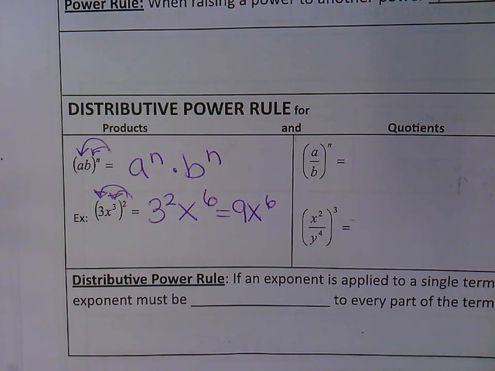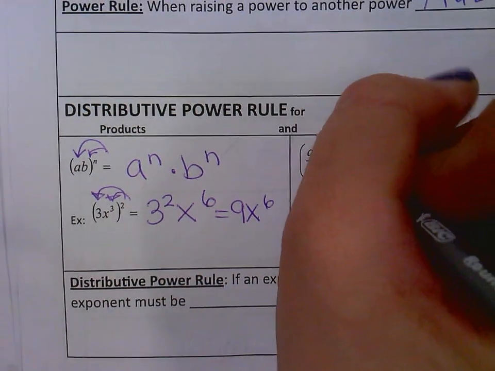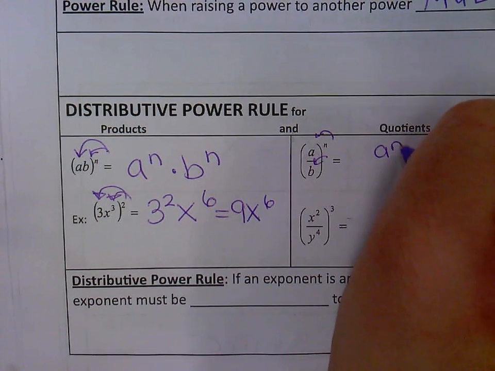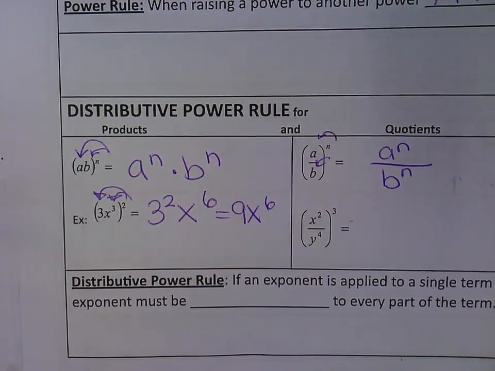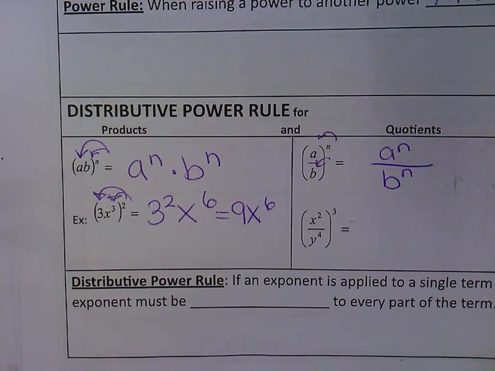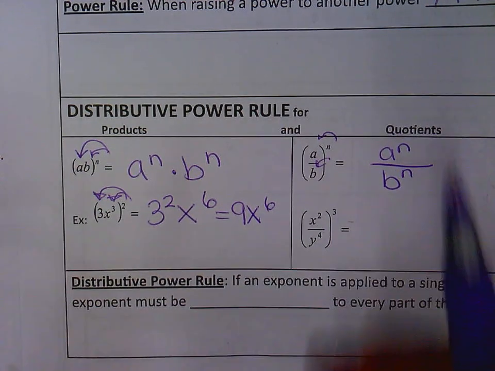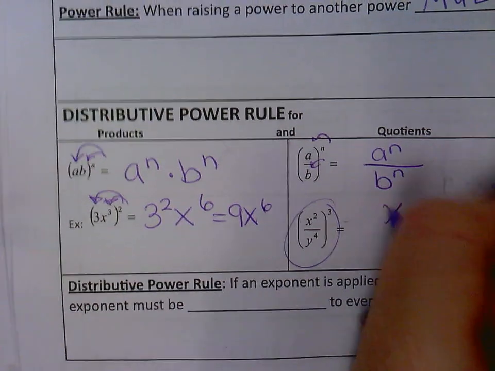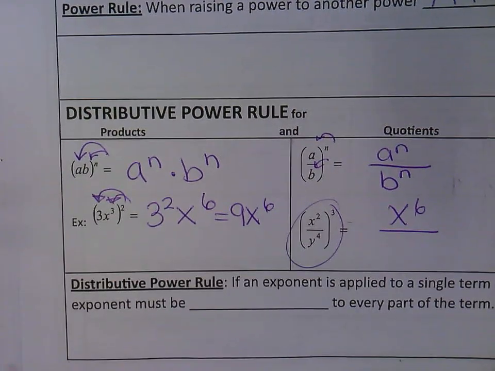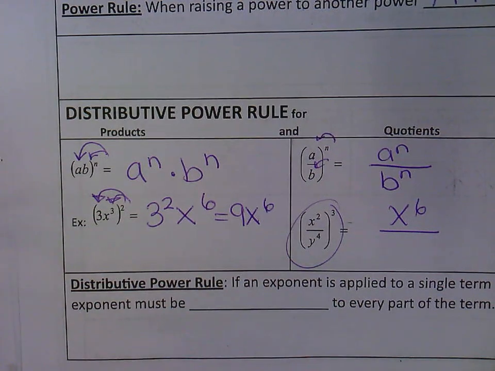Same thing for quotients. You would distribute the n, so you'd have a to the n over b to the n on top and bottom. What would be my last one? How do I distribute this guy? x to the 6th over, yep.